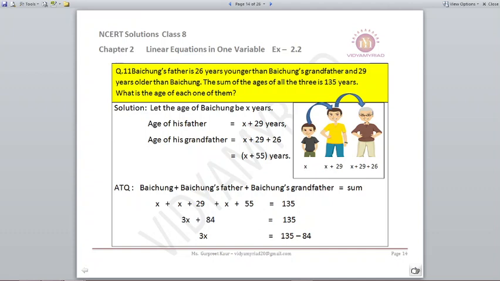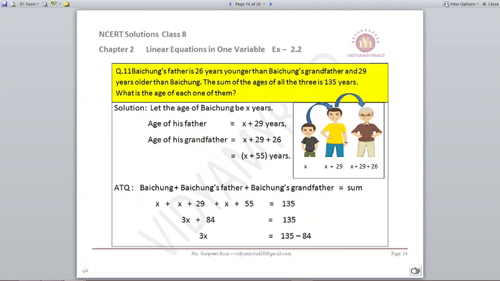If Bachung is x, then what will be the age of the father? He is 29 years older: x plus 29. And what is the difference between Bachung's father and Bachung's grandfather? 26 years. That is the gap. Between Bachung and Bachung's father, there is a gap of 29 years.